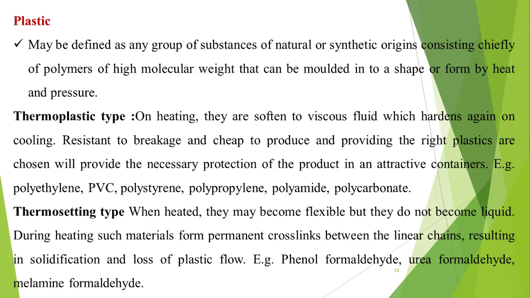So the basic difference is that thermoplastic, when heated, becomes a viscous liquid, whereas thermosetting plastic can withstand quite high temperature and is not going to become liquid. So for our purpose, if we want to use it at high temperature, we generally go for thermosetting plastic. So when we talk about plastic, there are mainly two types, thermoplastic and thermosetting plastics.